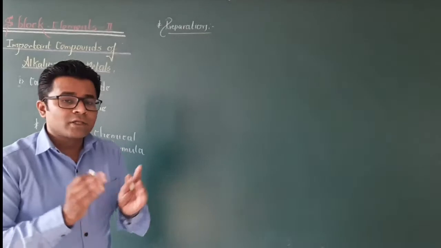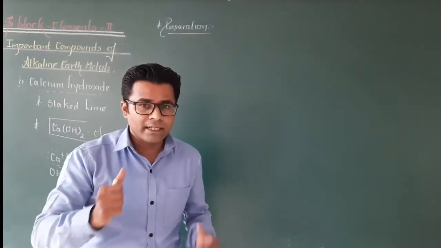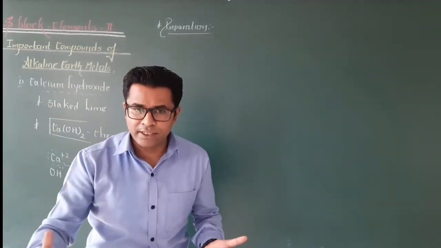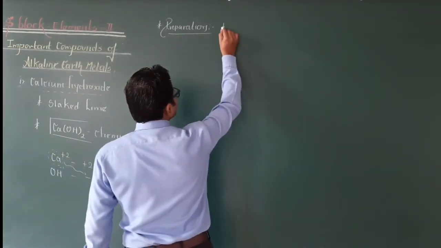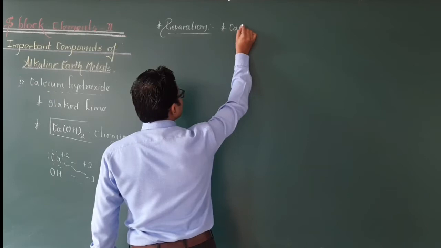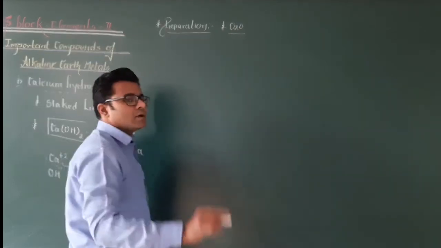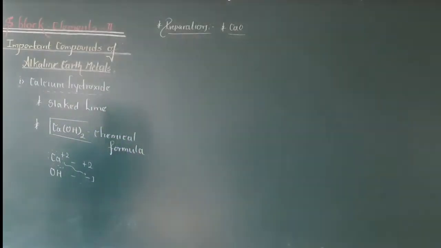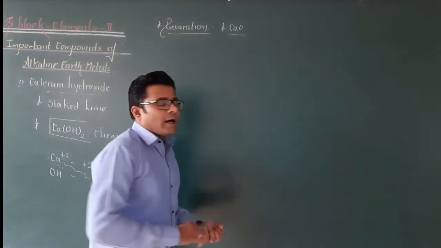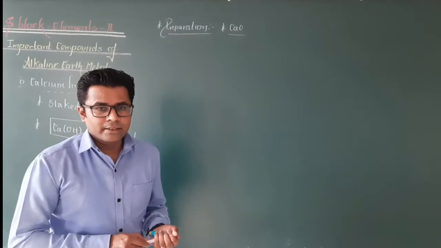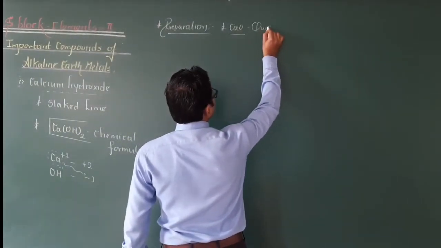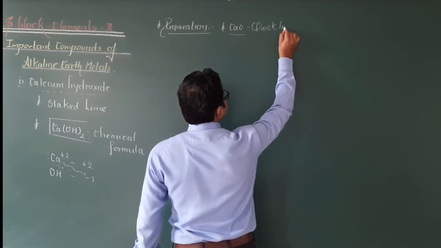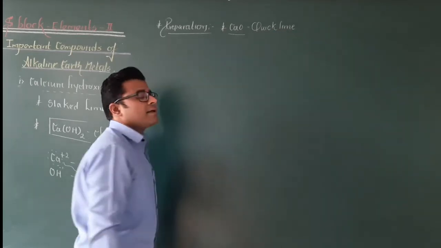When we observe the preparation of this compound, that is, slaked lime or calcium hydroxide, we prepare this compound from calcium oxide. Now this calcium oxide is also called quicklime.